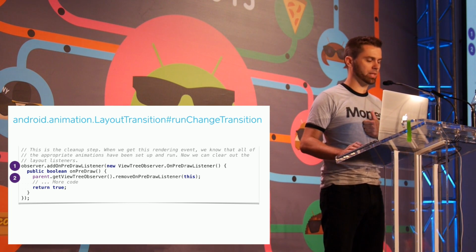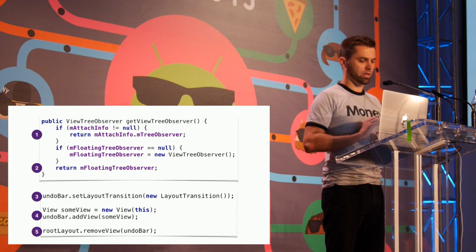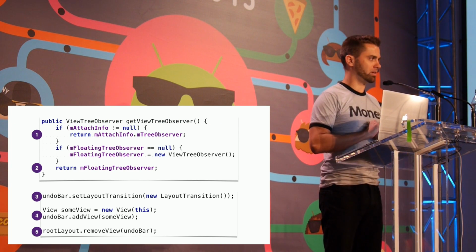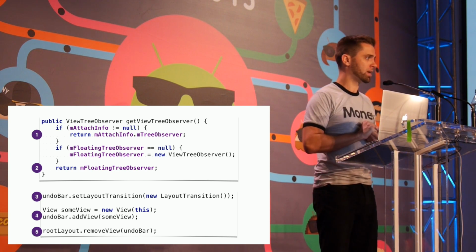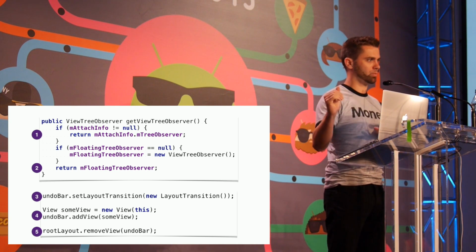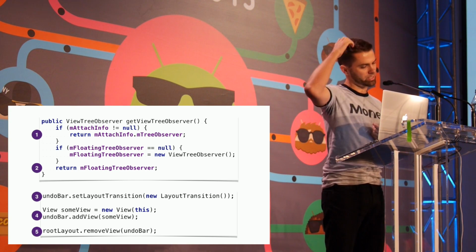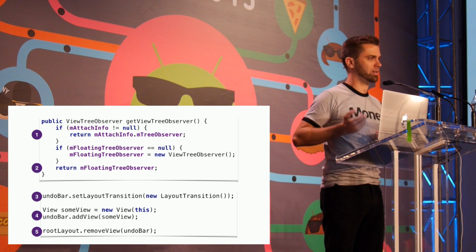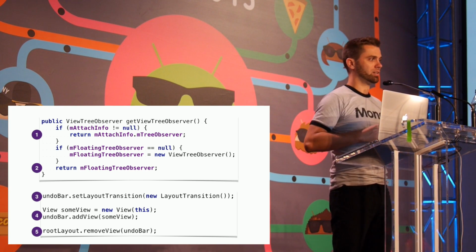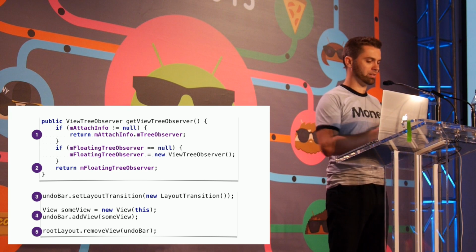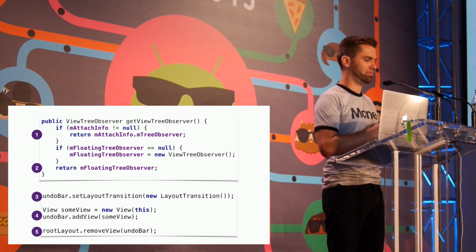Well, let's look at getViewTreeObserver. So getViewTreeObserver returns the view hierarchy's view tree observer if attached. If the view is not attached, it returns a temporary view tree observer that will, when the view reattaches, have everything that's in there merged into the live view tree observer. So the thing with that is, if my view is detached, I'm going to get a fake view tree observer. I'm not going to get the live view tree observer.